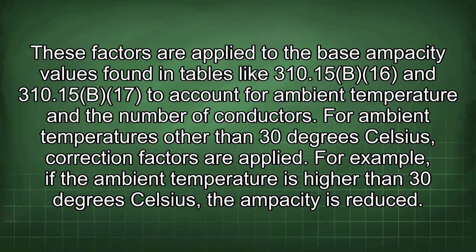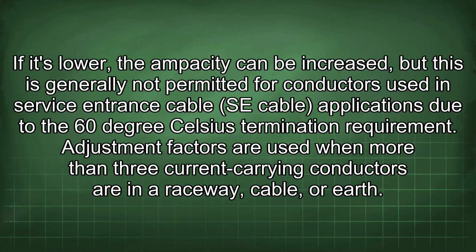For ambient temperatures other than 30 degrees Celsius, correction factors are applied. For example, if the ambient temperature is higher than 30 degrees Celsius, the ampacity is reduced. If it's lower, the ampacity can be increased, but this is generally not permitted for conductors used in service entrance cable, SE cable, applications due to the 60 degrees Celsius termination requirement.